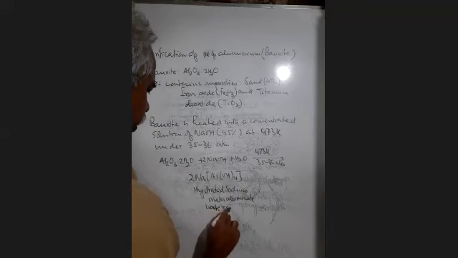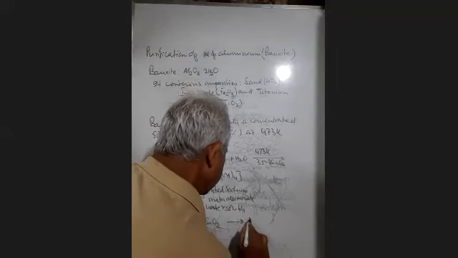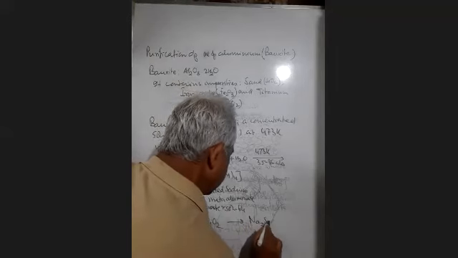Along with that, sodium hydroxide also reacts with sand to get Na2SiO3. We call it sodium silicate. Sodium silicate is soluble in water, and its other name is water glass. Okay.